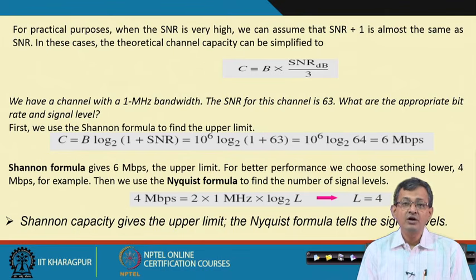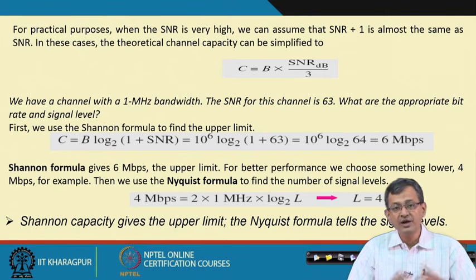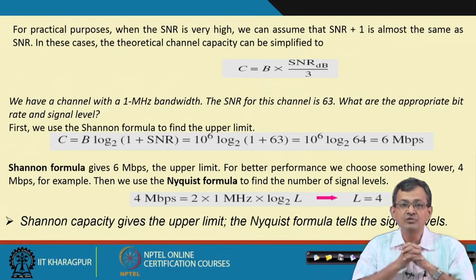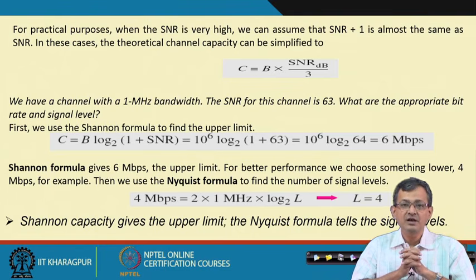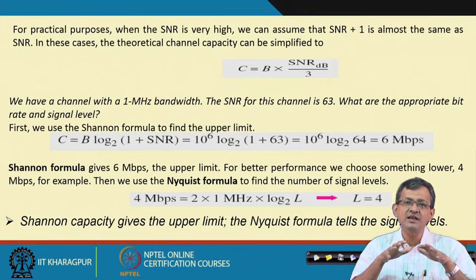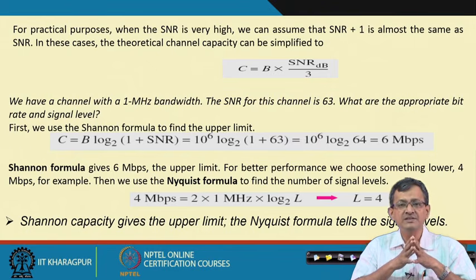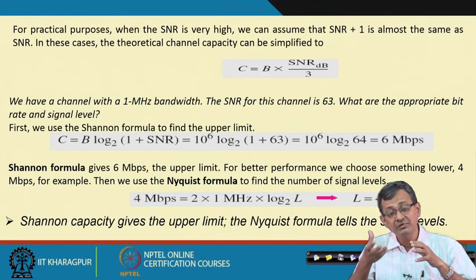If we summarize: the Shannon capacity gives us the upper limit, and the Nyquist formula gives us the signal levels. This basic consideration helps us find what my channel capacity could be and what data rate we can get.